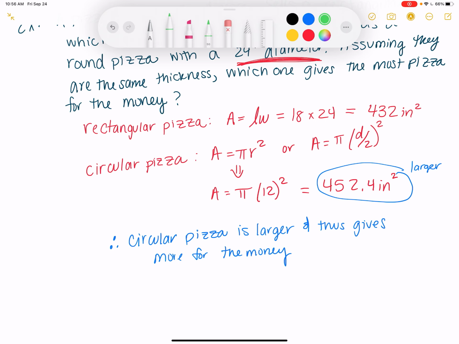Okay, and by the way, this symbol right here means therefore. Okay, I've used it before, but it's been a while, so I just wanted to make sure we're aware of what that means.